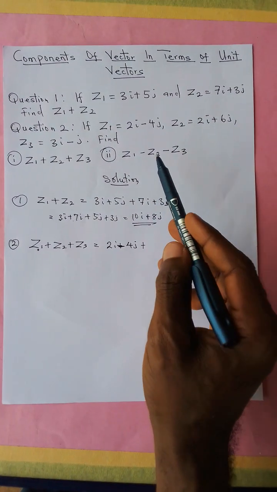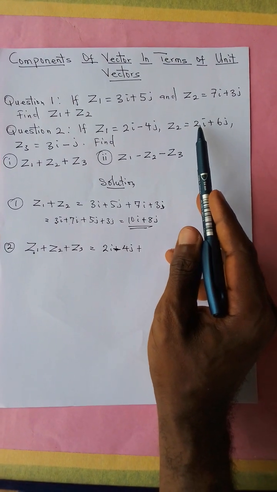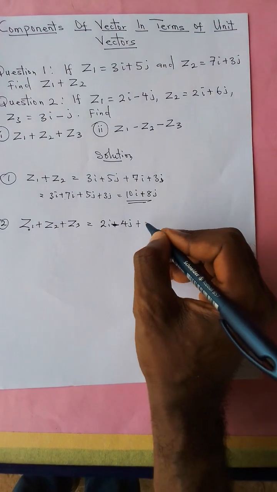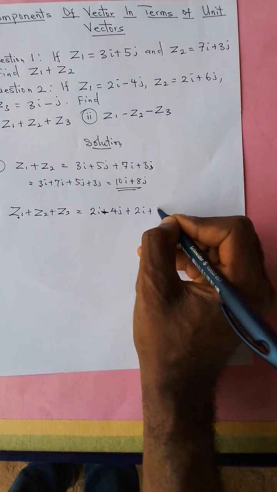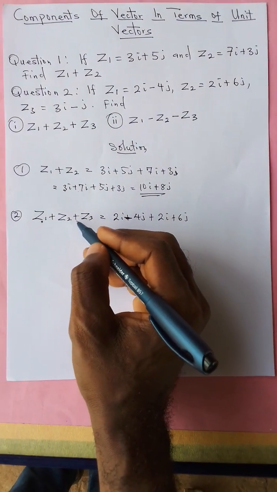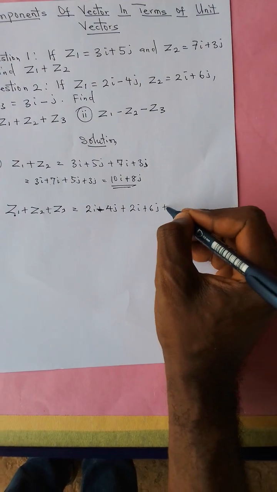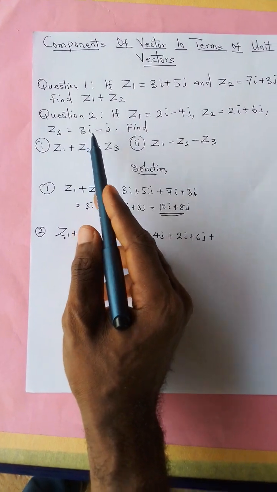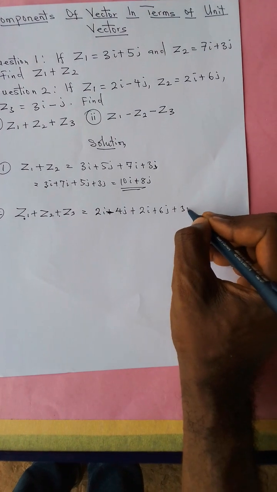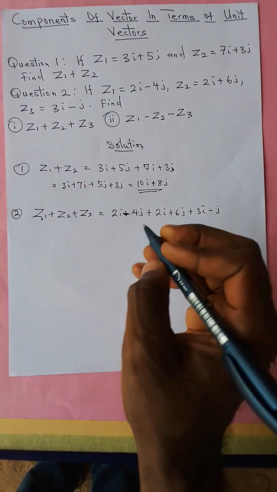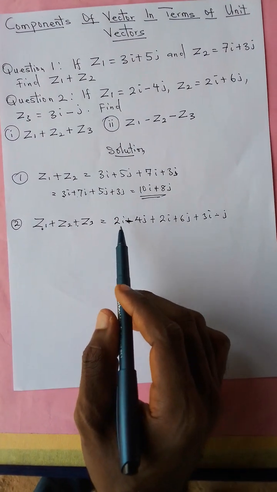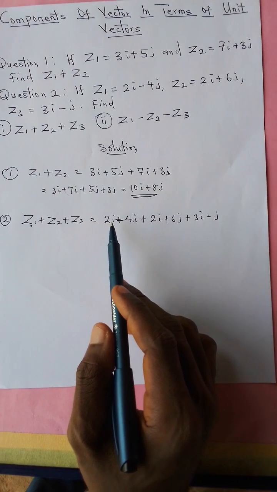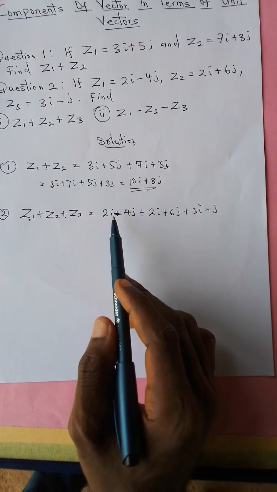Then plus here, plus. And what's the value of Z2? Z2 is 2i plus 6j. Then bring in this plus here. Now Z3, what's the value of Z3? 3i minus j. So now what we need to do here is just to collect like terms. Bring in all the unit vector i together.